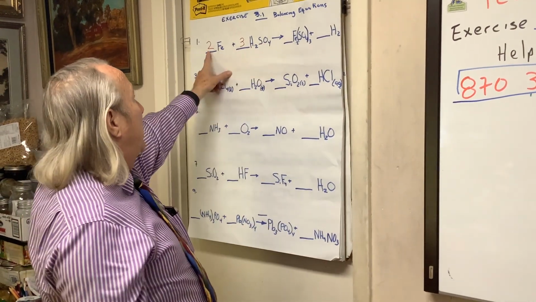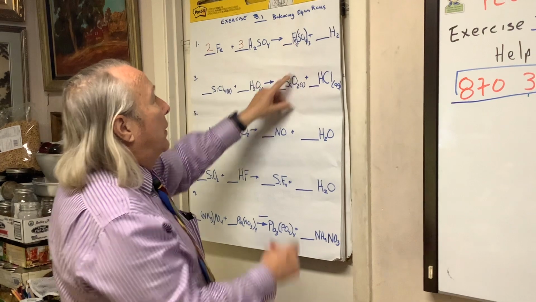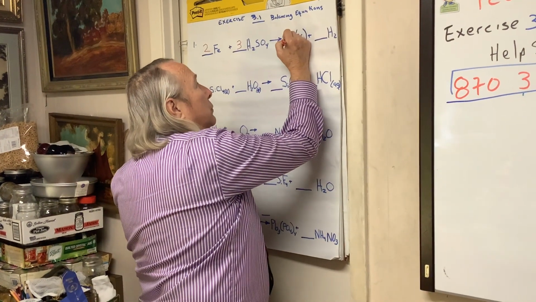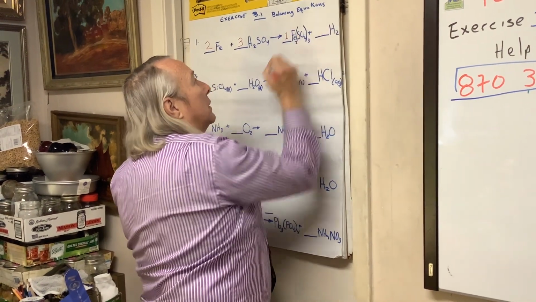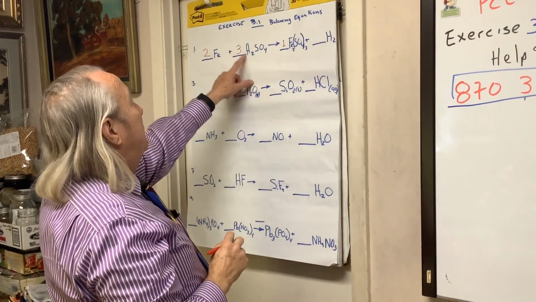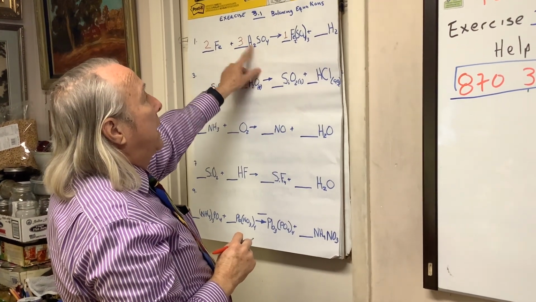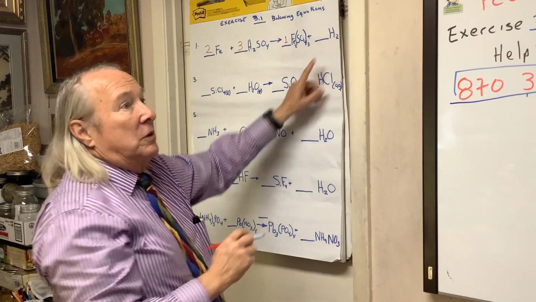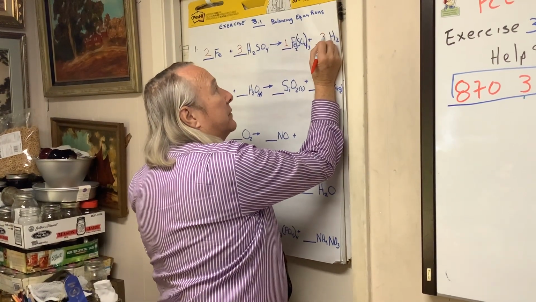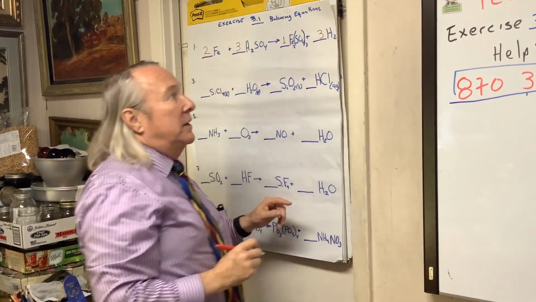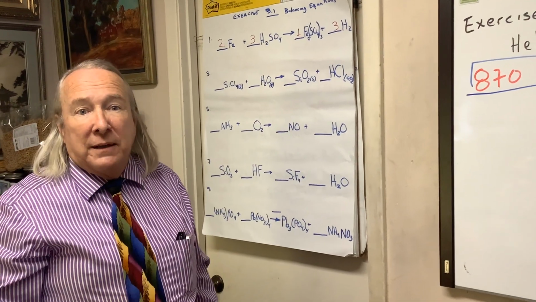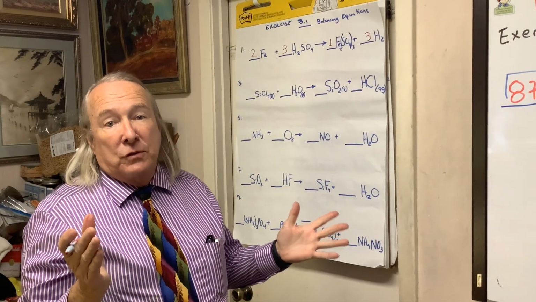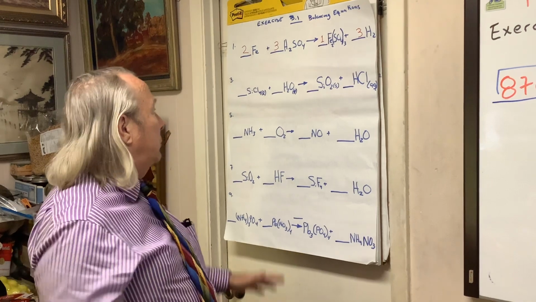Good. 2 irons on this side, 2 irons on this side. If there's one of these, that would leave me with 6 hydrogen atoms. Hydrogen is a diatomic gas, so I would have 3 of those for a total of 6 hydrogen atoms. And by the way, that is balanced. I don't have to try anything else. So let's go to the next one.